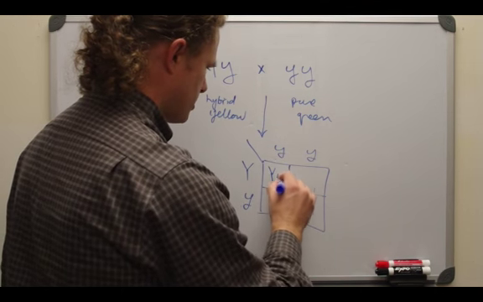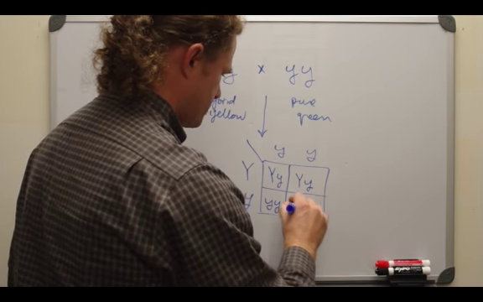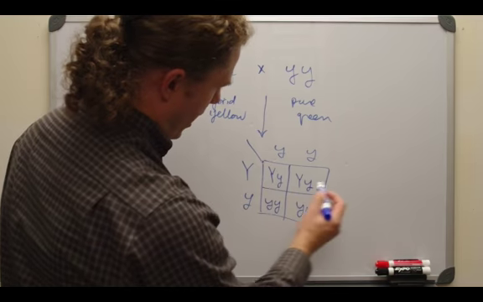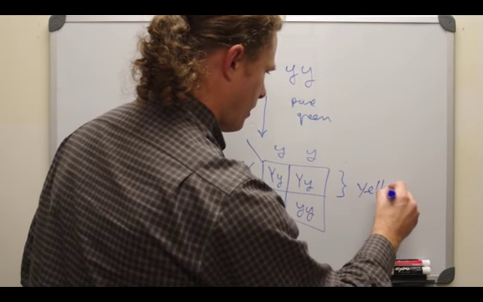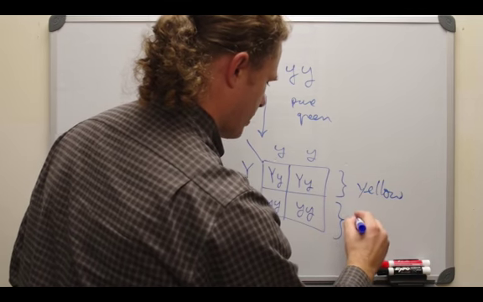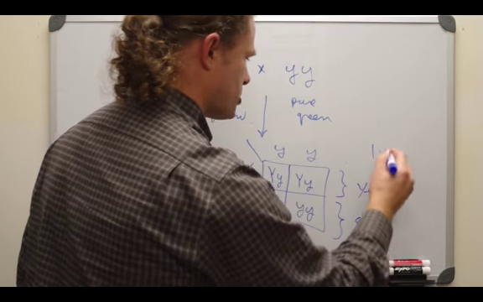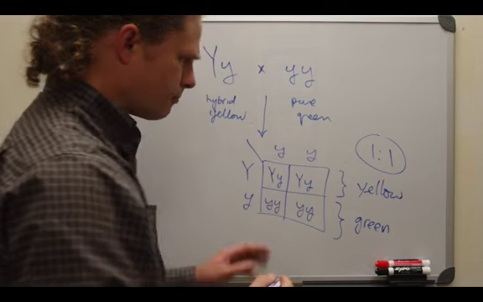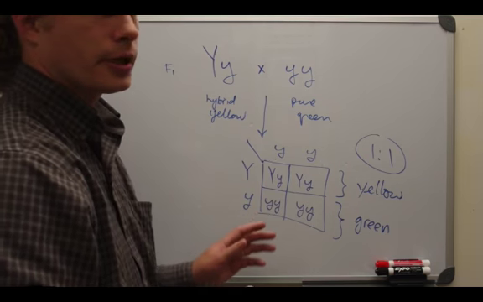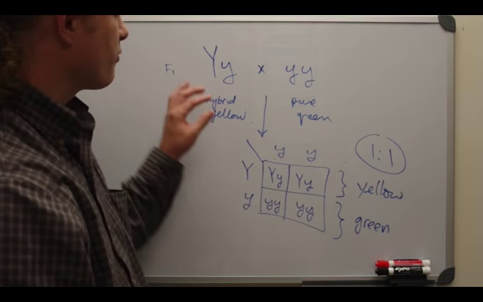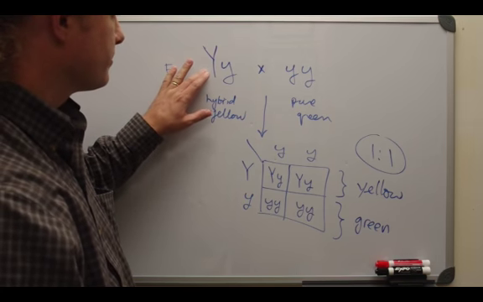When you fill in the Punnett square, you'll see that we would expect half of the progeny to be yellow, and the other half to be green, in a 1:1 ratio. Mendel actually did this cross, and it produced the 1:1 ratio that he was expecting, acting as a further confirmation about his ideas about what sort of particles were present in the hybrid.